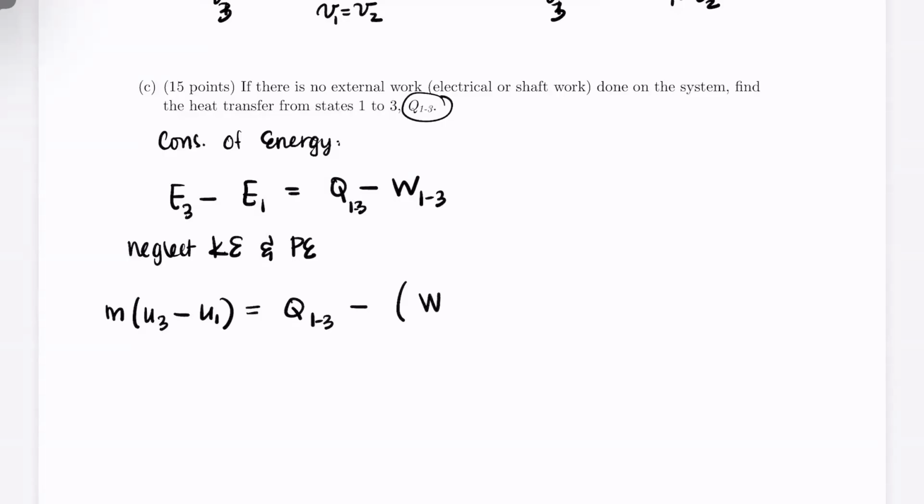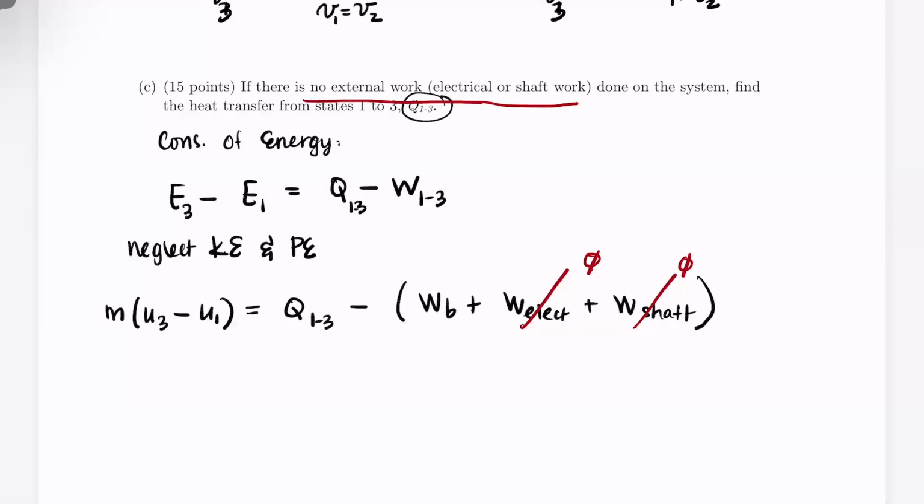We have 3 different types: it could be boundary work, electrical work, or shaft work. But we were told that we don't have these, right, from that statement.